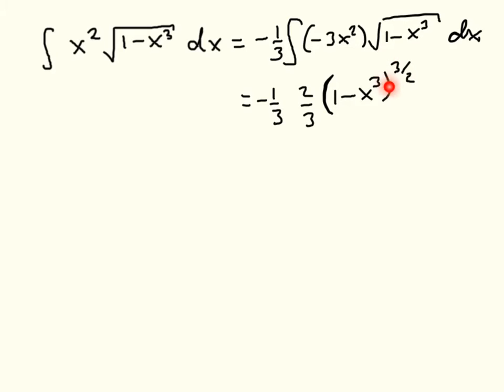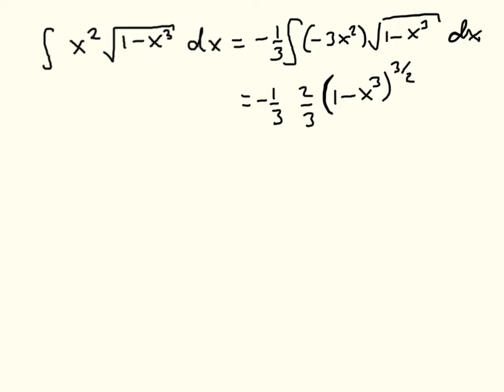We would then reduce the power by 1 to a half, and that is exactly the square root factor, and then from the chain rule we would multiply by the derivative of what's in the bracket, and that would be minus 3x squared. And minus 3x squared was in the original integrand, and that factor of x squared is what made this a very doable integral. So if we differentiate this, we get exactly this, so we have completed the integral.